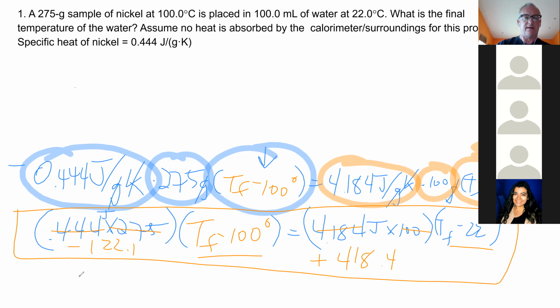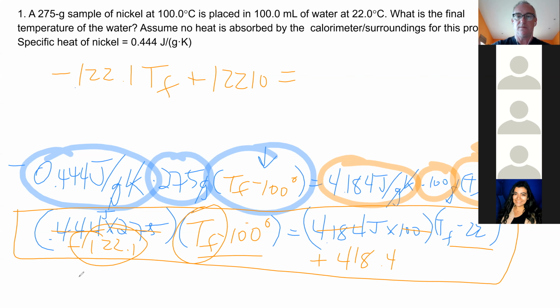So we just put them all together. So minus 122.1 times TF plus minus 122 times minus 100. So that's going to be plus 12,210. So we just cross multiply this minus 122.1 multiplied by TF, and then we also multiply it by minus 100.